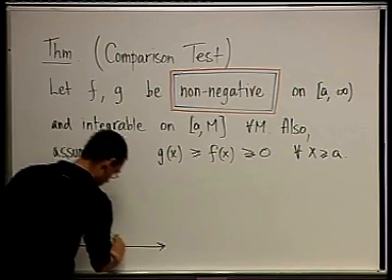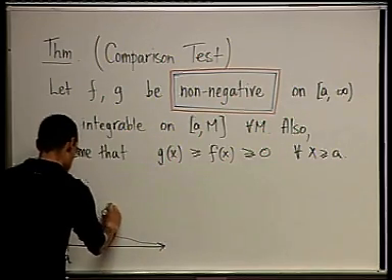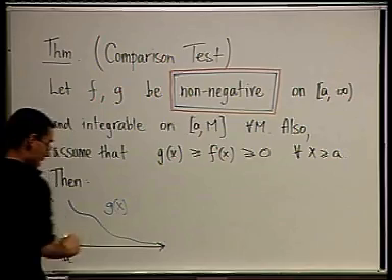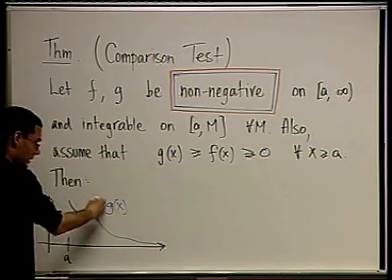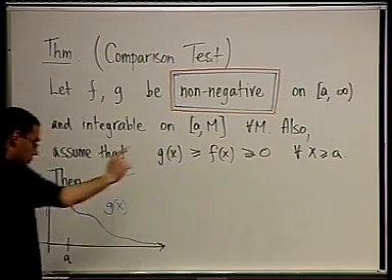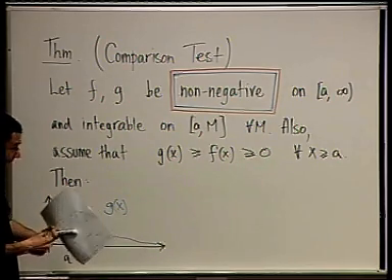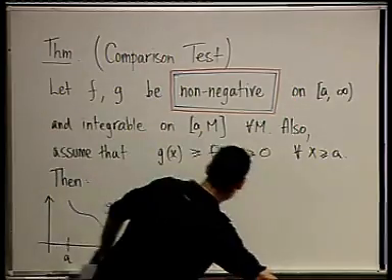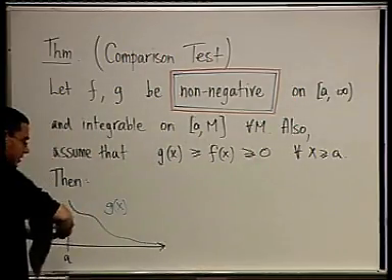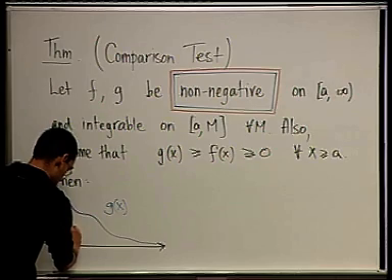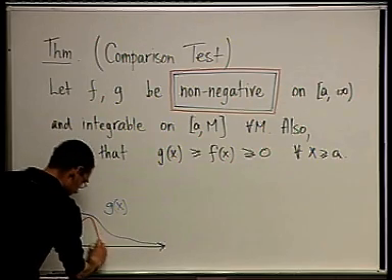It looks something like this. This is g. And I'm going to assume in a second that the integral of g from a to infinity converges. And f lies between g and the x-axis. So f here in orange is something like this.